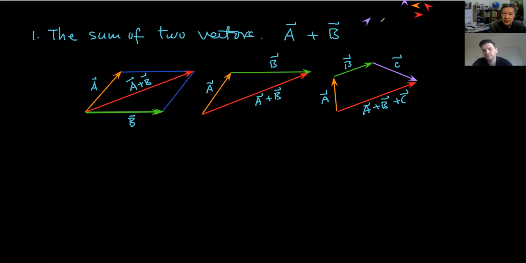Okay, I give you a challenge question. If you see this kind of diagram, what judgment can you make? So this is one vector. There are 2 vectors.